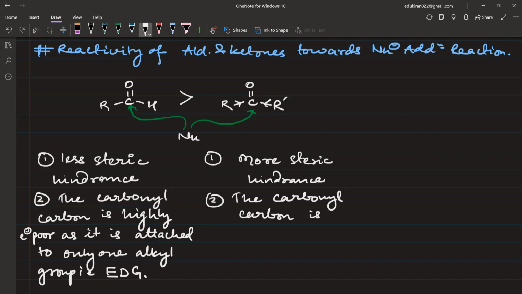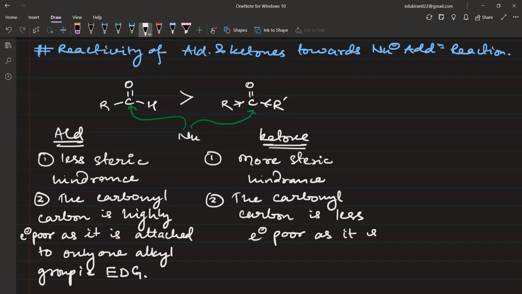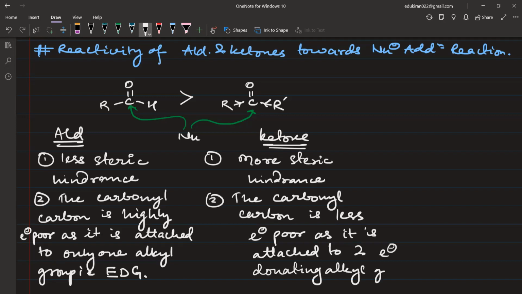Here you write for ketones, this is aldehyde, this is ketone. The carbonyl carbon is less electron poor as it is attached to two alkyl groups, to two electron donating alkyl groups, essentially electron donating groups.